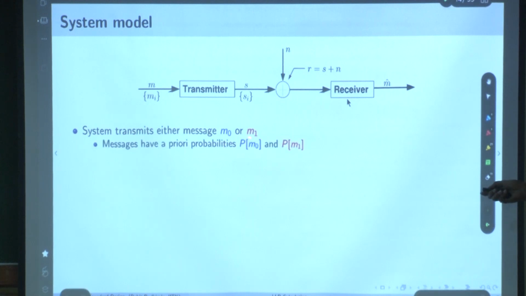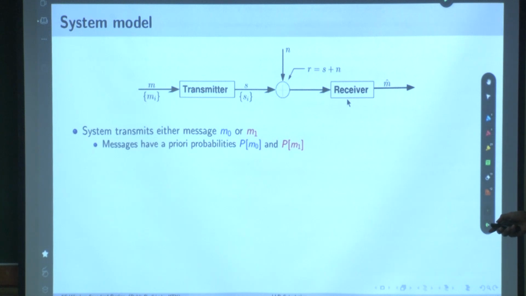So, binary, and it transmits message M0 with some a priori probability P of M0 and M1 with probability P of M1. What does that mean? That it is not equally likely: the probability of transmitting M0 is different from the probability of transmitting M1. And these probabilities are already known to both transmitter and receiver.